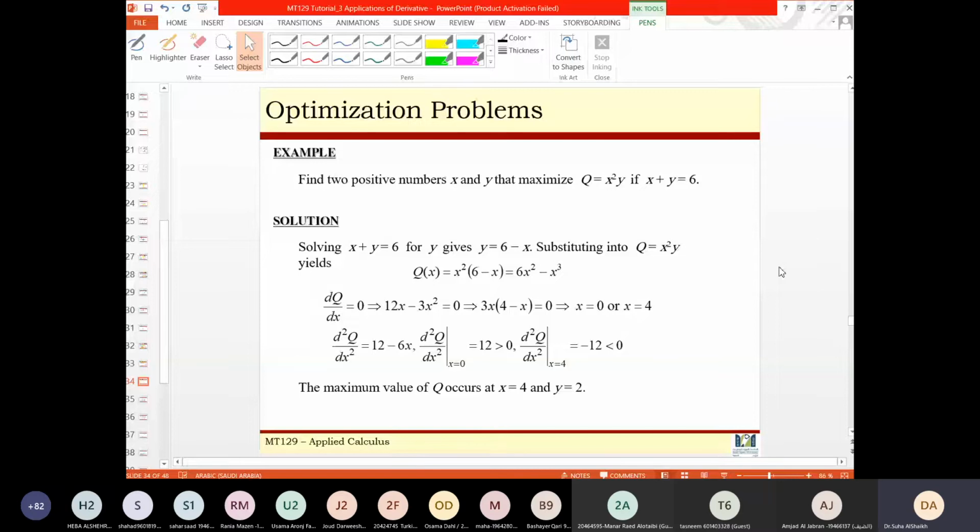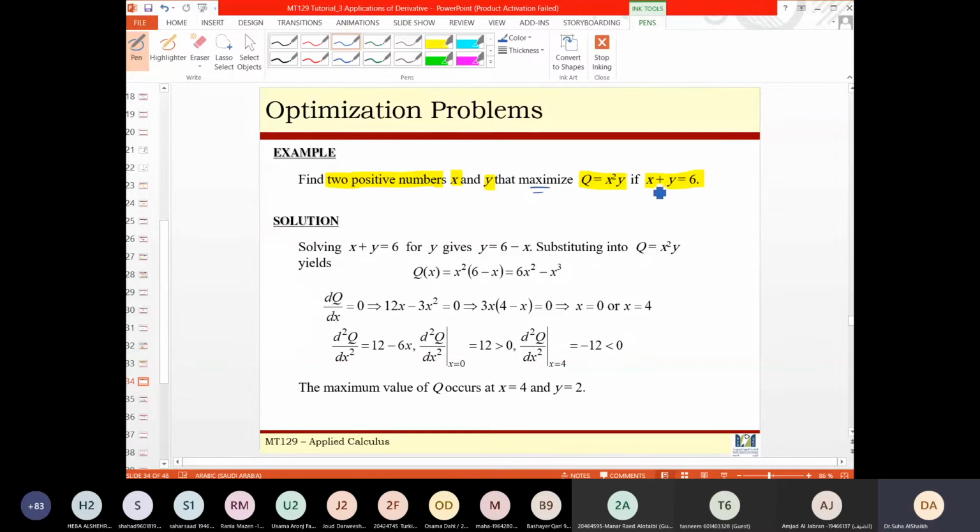So the example here is asking you to find two positive numbers, x and y, that are maximizing this equation, if you know that x plus y is equal to 6. Whenever we have an optimization problem لازم يكون عندي two equations. One of them is the main equation that I'm trying to maximize or minimize, and the second equation is the equation that helps me to do this maximizing or minimizing.